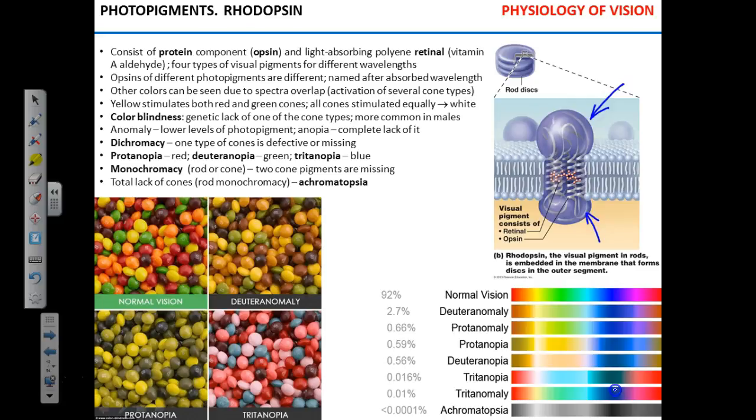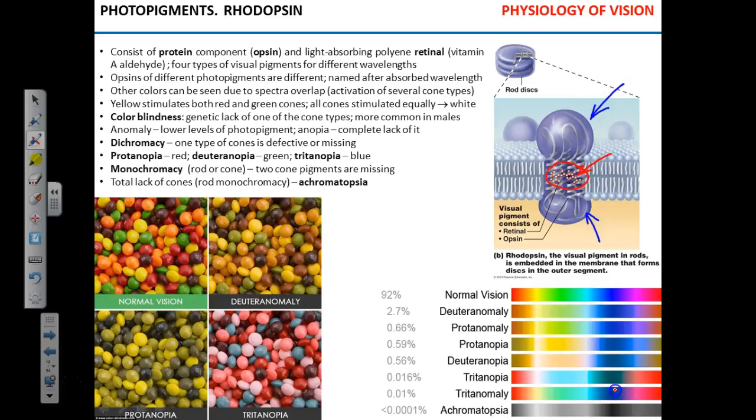That's the protein component. And the chemical, organic chemical, polyene chemical, this one, is called retinol. It's essentially a modification, a derivative of vitamin A.